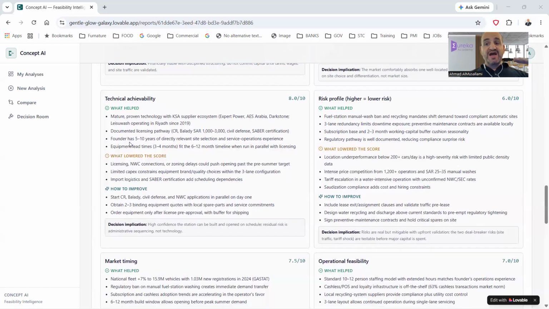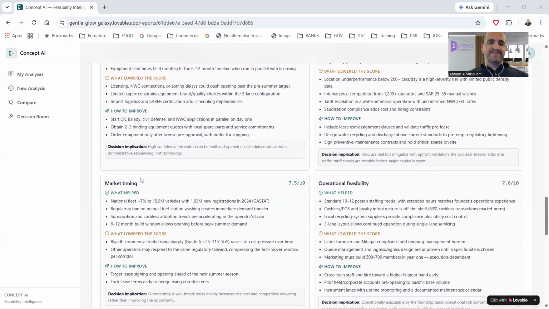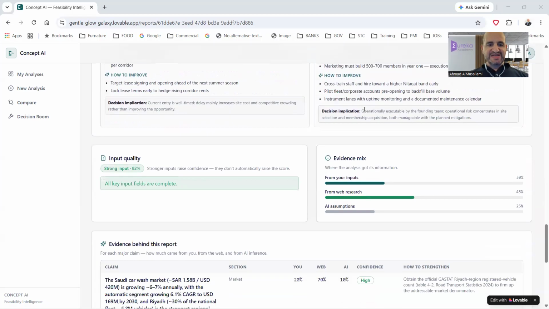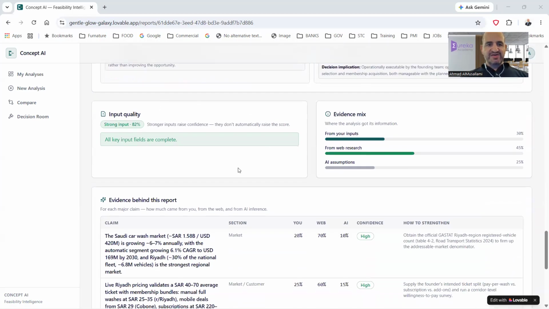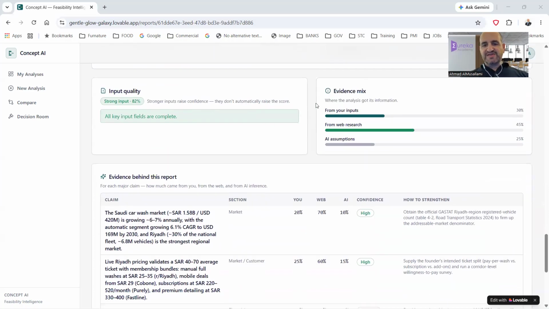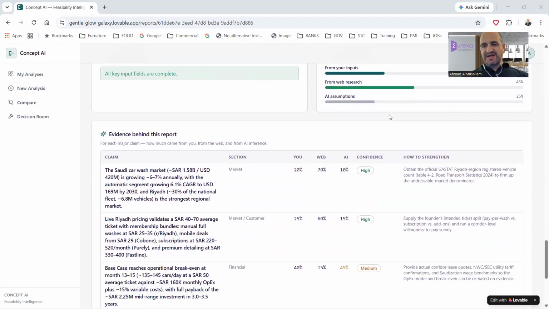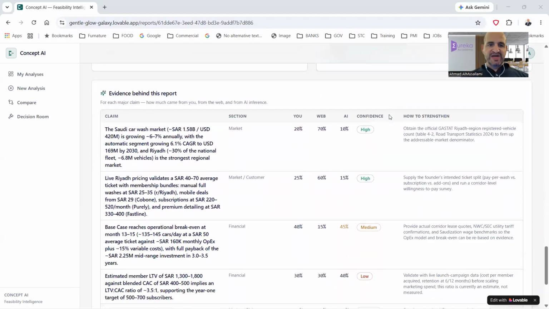What are the pros and cons for each dimension? Technology, risk, market, and also operational feasibility. And finally, talking about the input quality, it was filled fine. Evidence mix from the inputs from the web and the research and AI assumptions. This is the mix that we have.